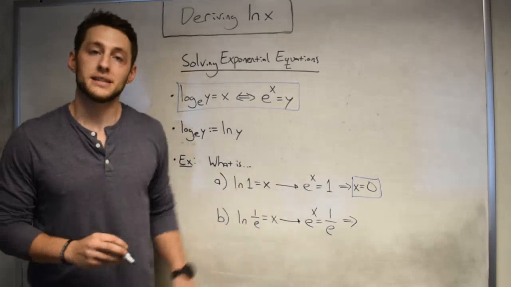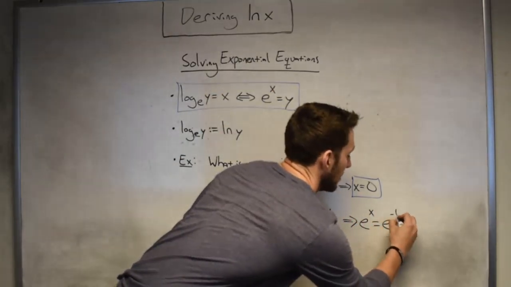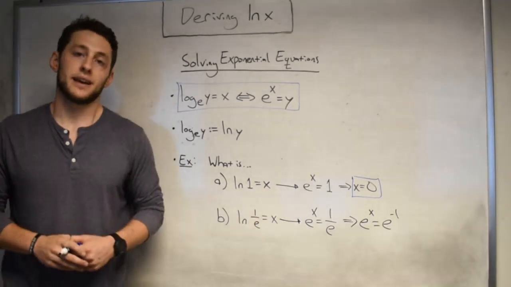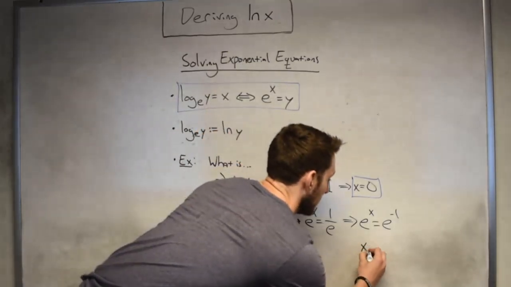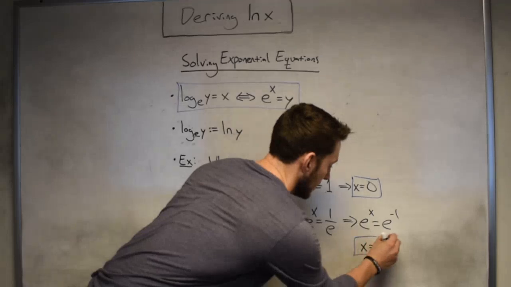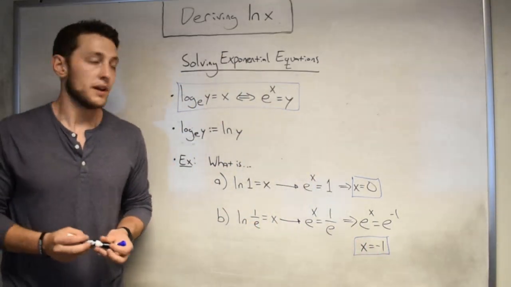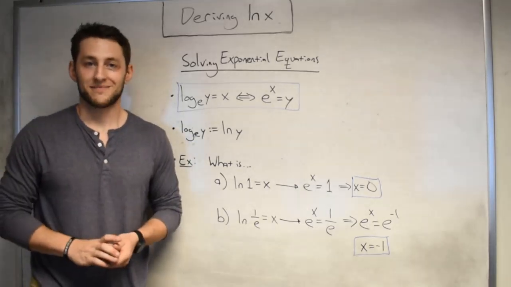If we bring the e to the top, by making it a negative power, we have the following: e to the x equals e to the negative 1. Since the bases are the same, we can conclude that x is equal to negative 1. This is a general feel of how logarithms work, and this translation really is the key to solving most things.